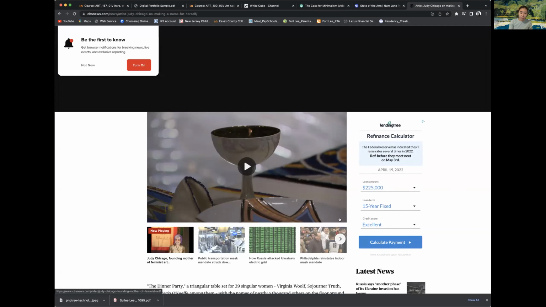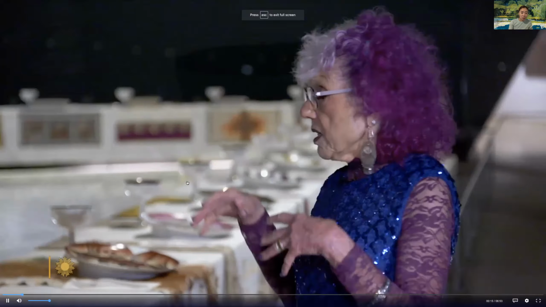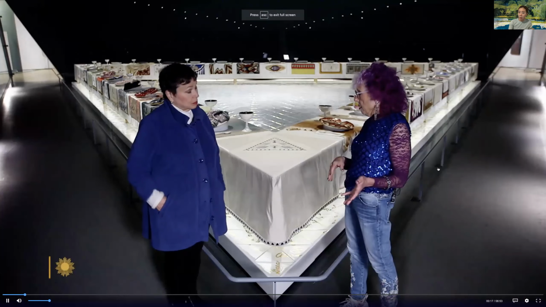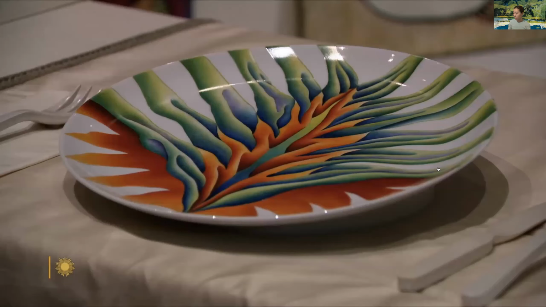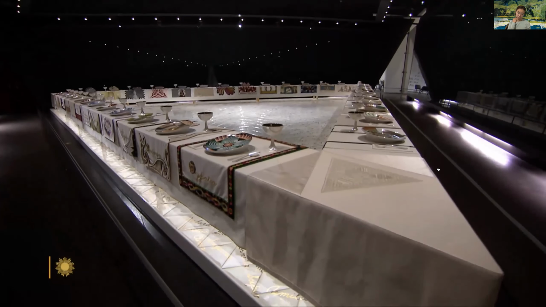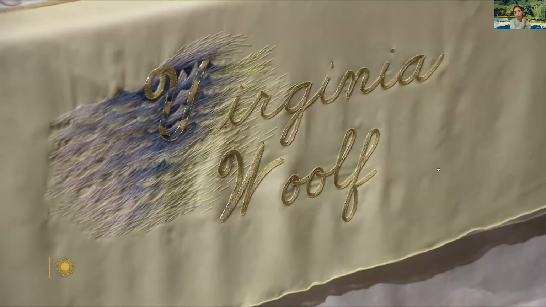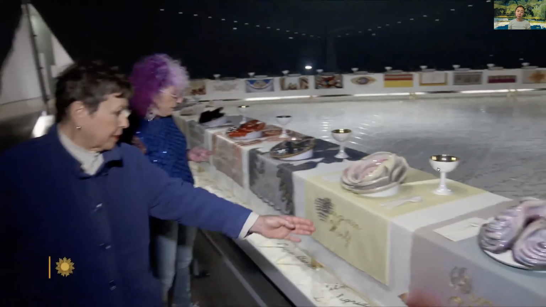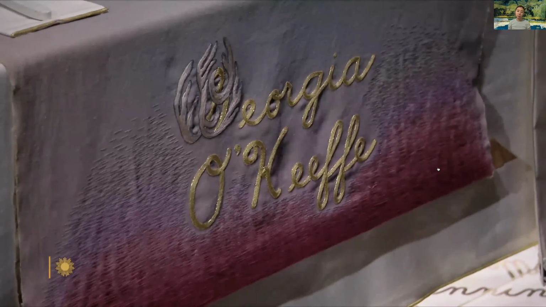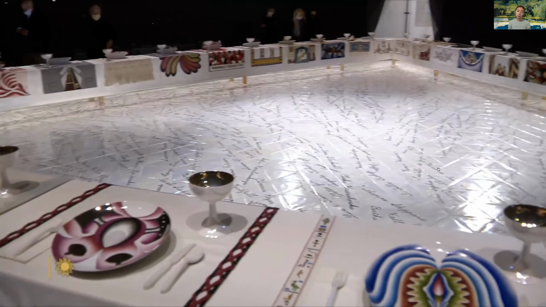Brooklyn Museum. I wanted to substitute female heroes for male heroes. The Dinner Party, a triangular table set for 39 singular women. You have Virginia Woolf next to Georgia O'Keeffe. Right. With the names of nearly 1,000 others on the floor around it.